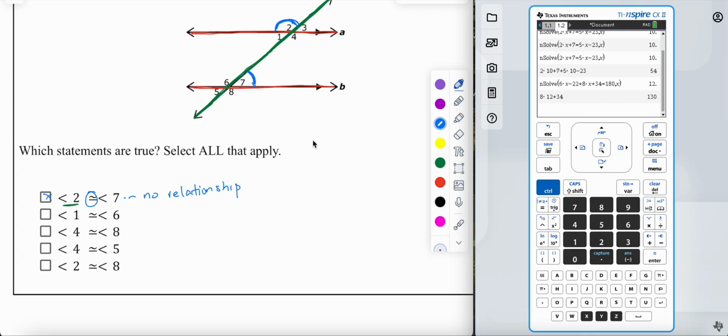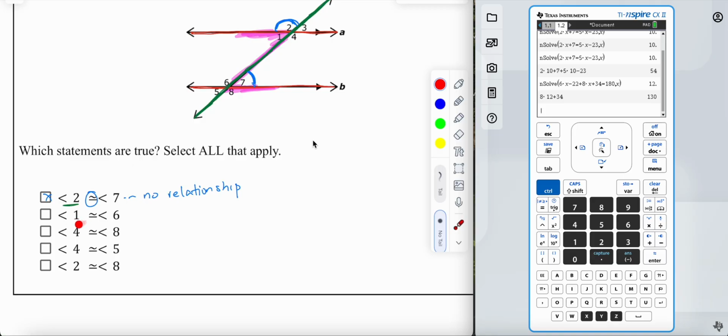So it's not going to be this one. So if we were to make a Z, let me just emphasize. A Z. Notice that this one is on the outside of the Z, but this one is on the inside. So this is not going to work.